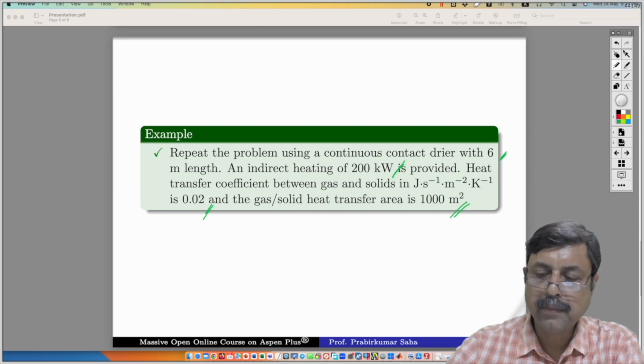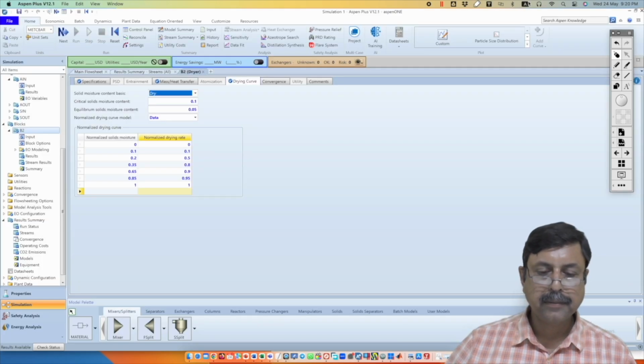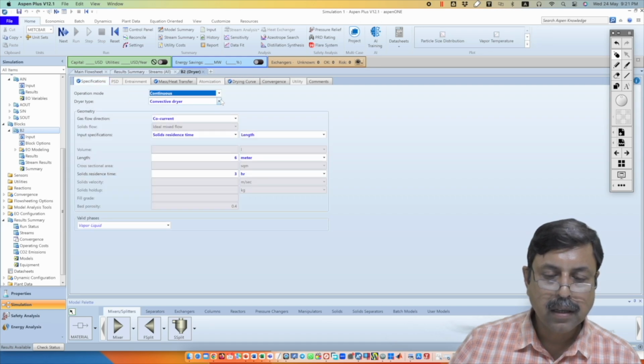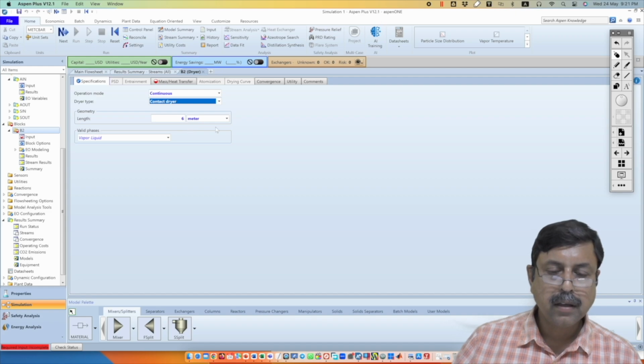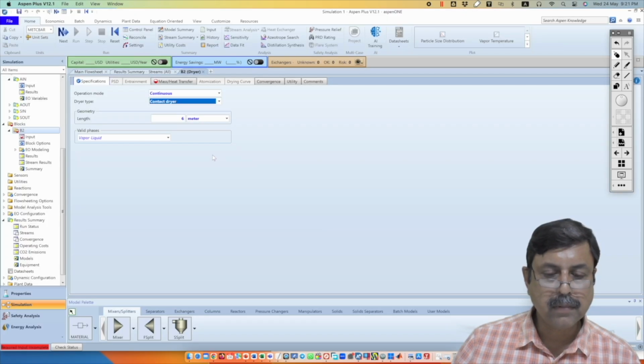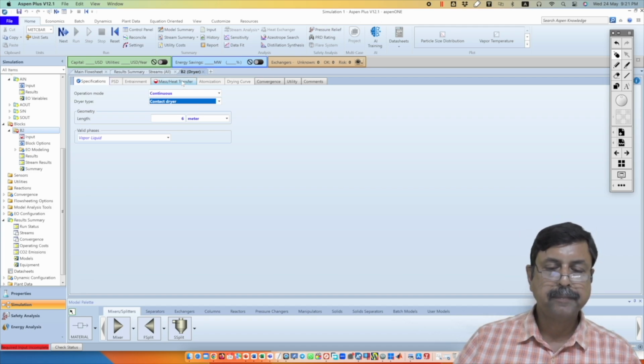So let us solve this problem. For that, you go to the dryer specification and check contact dryer. It has 6 meters of length, the same as what we chose for the convective dryer.